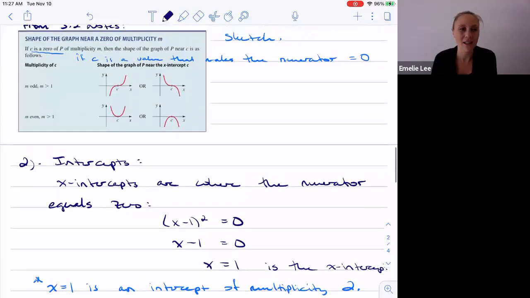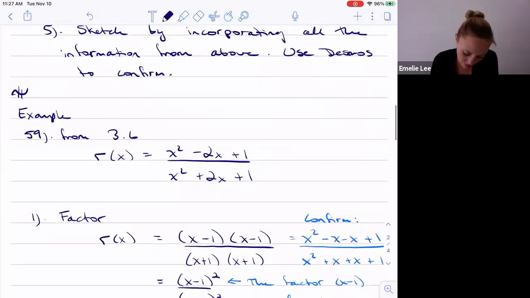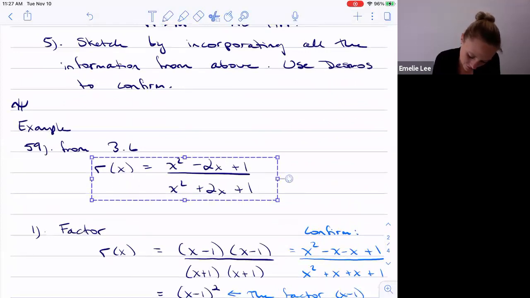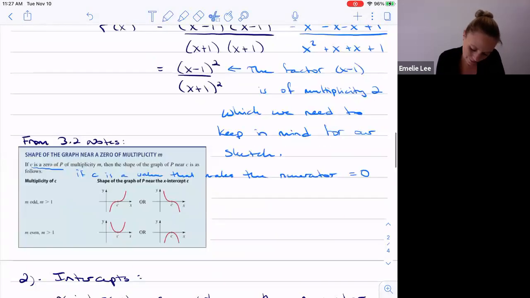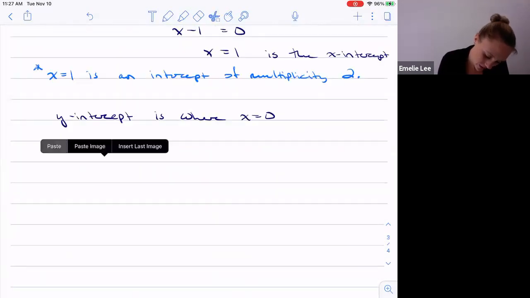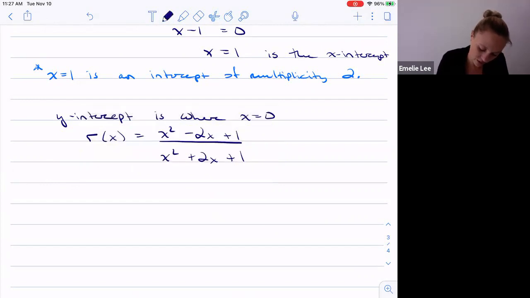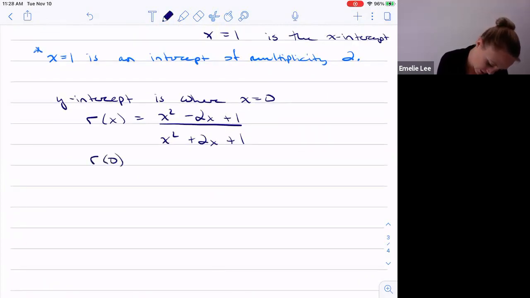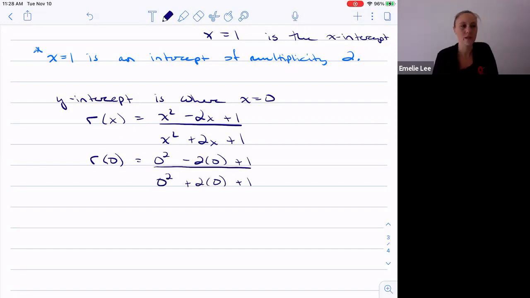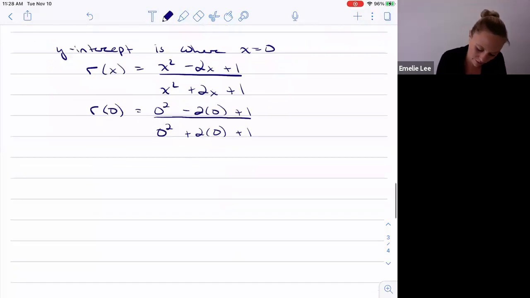I like to use the original equation, unless you're really confident in your factoring, then go ahead and use your factored one. So r of 0 is 0 squared minus 2 times 0 plus 1 divided by 0 squared plus 2 times 0 plus 1. 0 minus 0 plus 1 is 1, divided by 0 plus 0 plus 1 is 1.